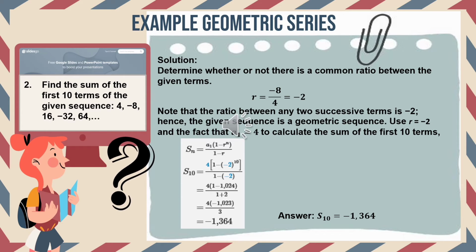S sub n is a sub 1 times (1 minus r to the power of n) all over 1 minus r.